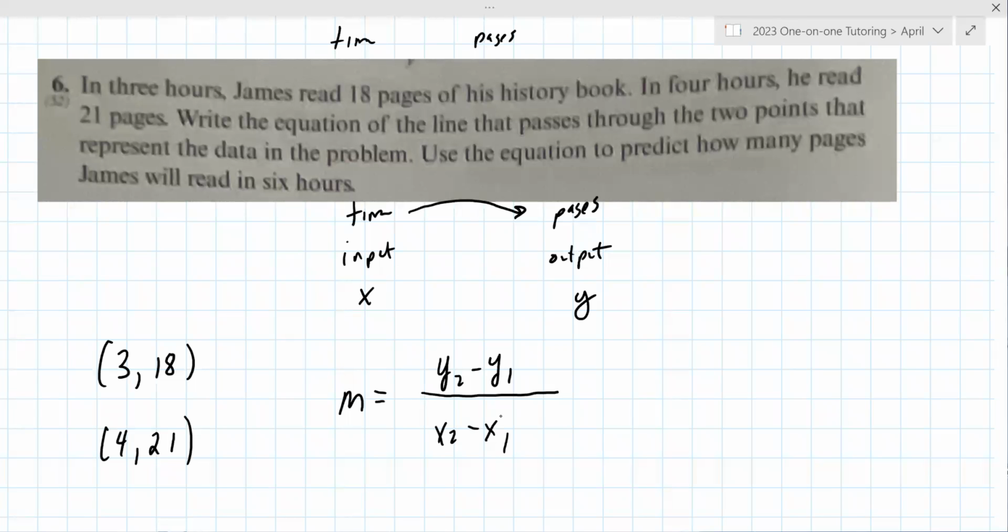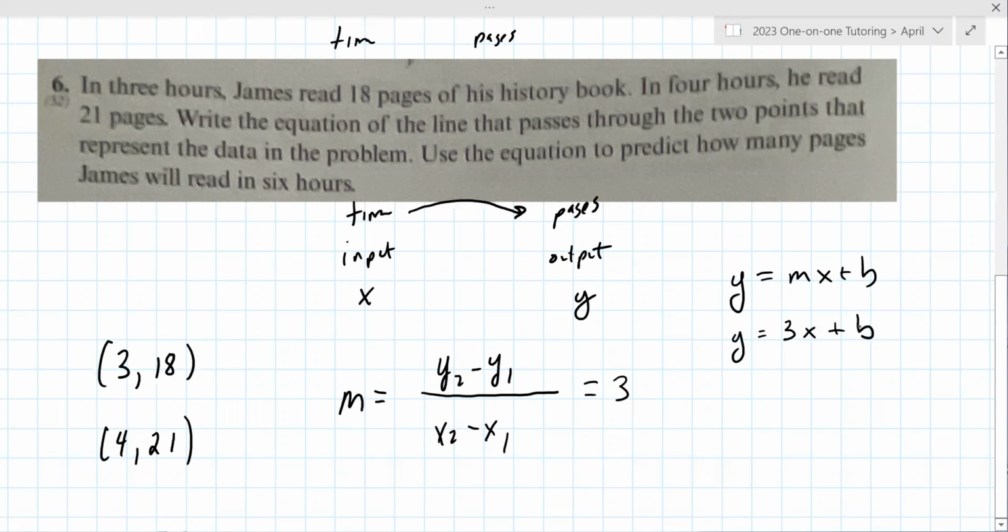How are you doing on that one? Give me 1 sec. So 3 over 1. Yes. Slope is 3. So if we write y equals mx plus b, the slope is 3.